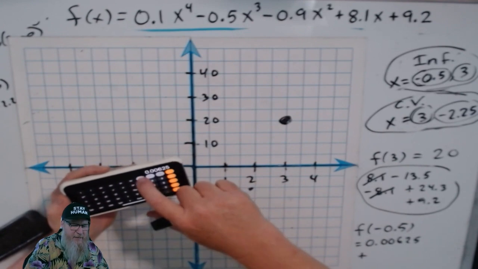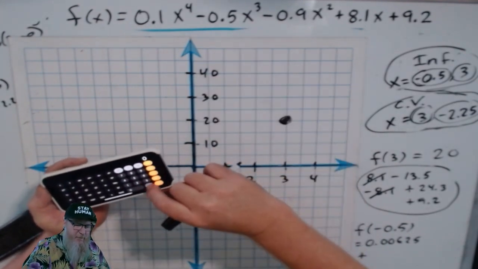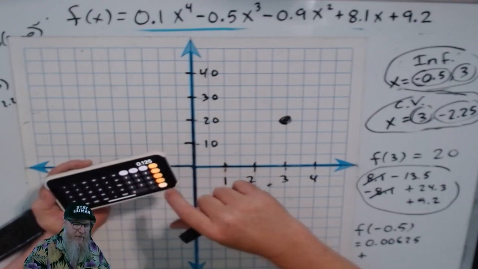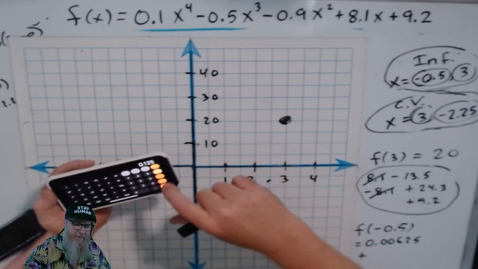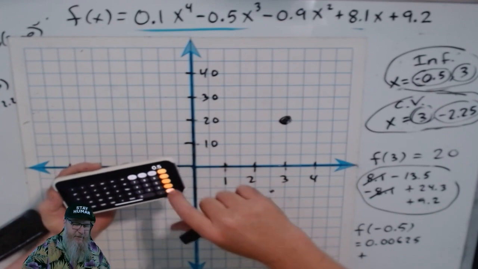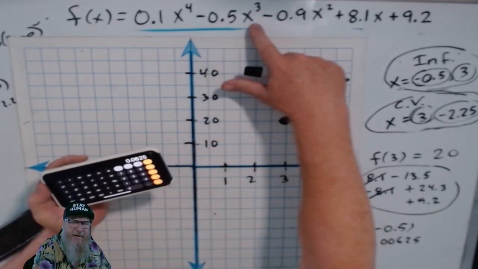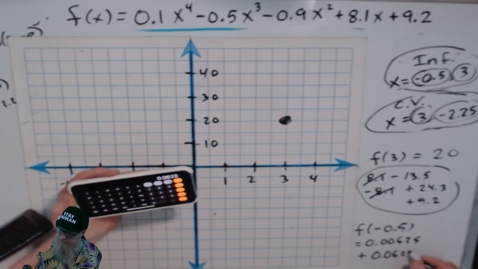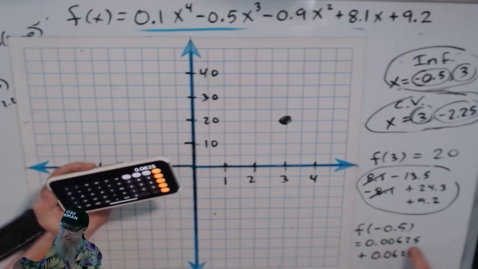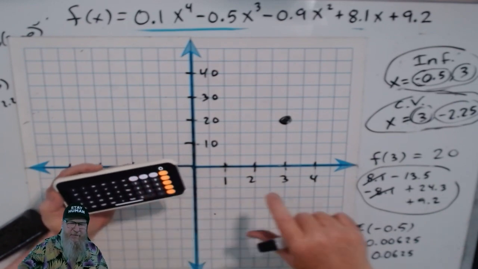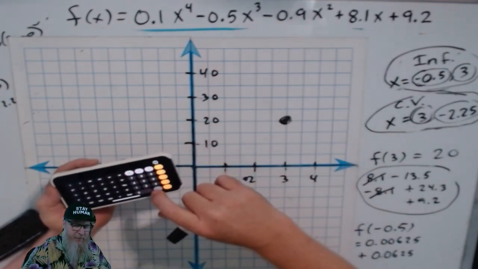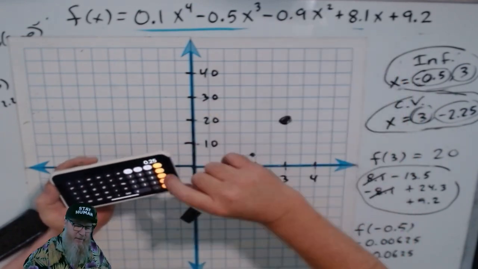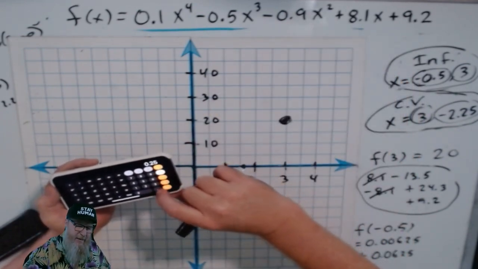And then plus, so 0.5 to the 3rd power times another 0.5. Now it's negative and then a negative, so that's positive 0.0625. Well, those are off by a factor of 10. 0.5 squared times 0.9.